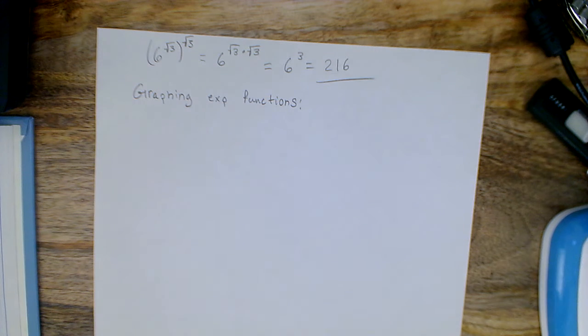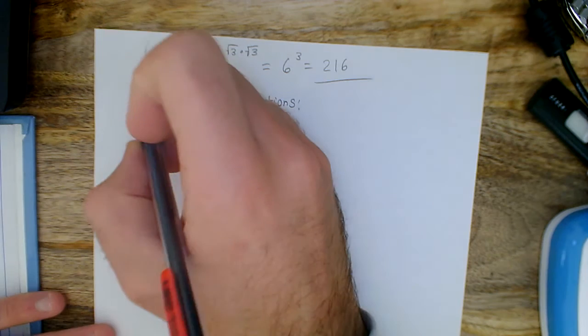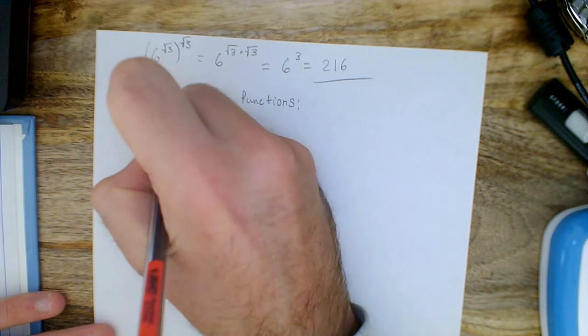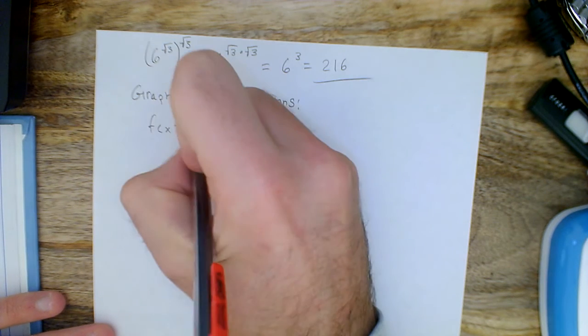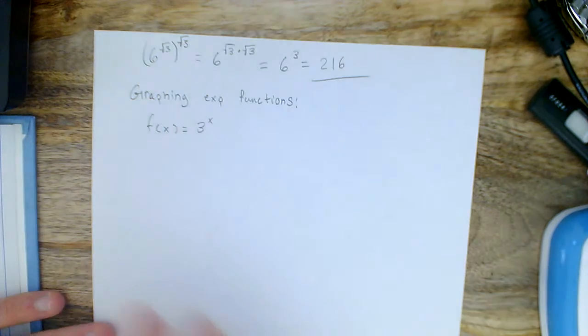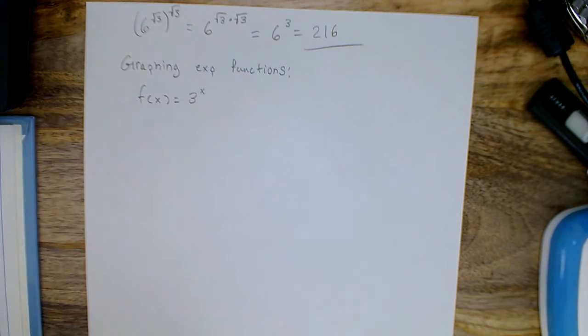And then for rational functions, we learned you have to find horizontal and vertical asymptotes and use all sorts of tests to make the graphing easier than just graphing a bunch of random points. But graphing a bunch of random points always works. So we're going to start off by doing that. So f of x equals 3 to the x. We want to graph that one.